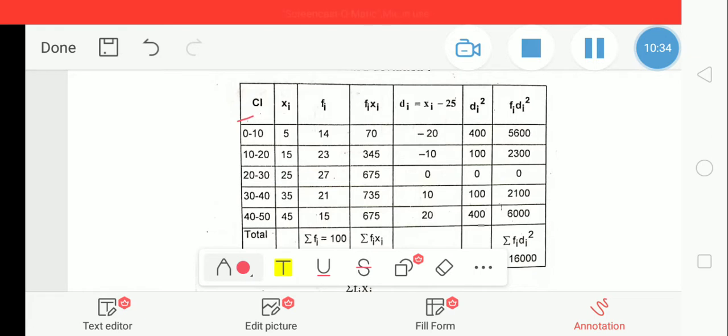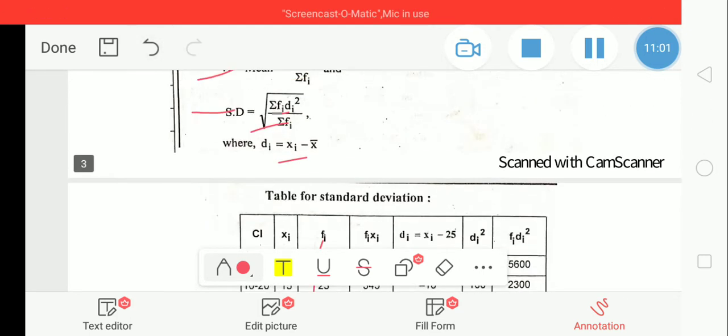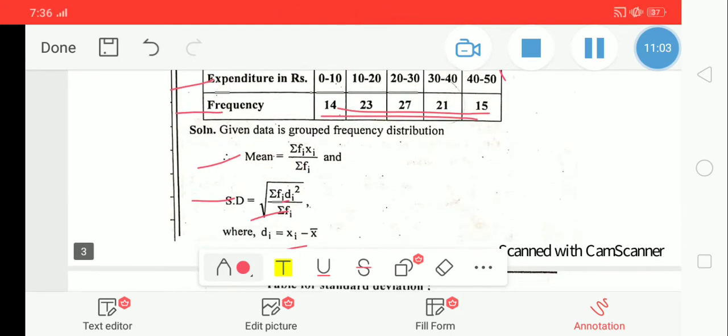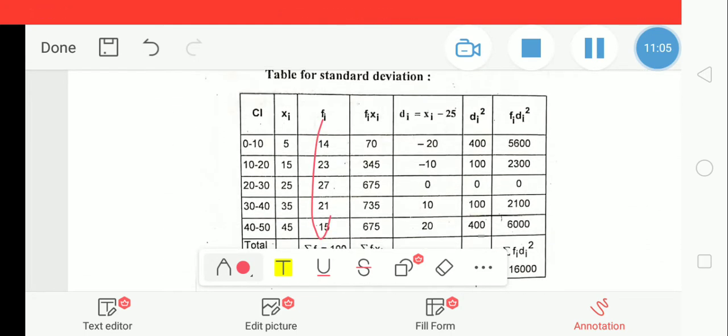The class interval is given, and xi is the midpoint of the class interval: 0 plus 10 divided by 2 is 5, 10 plus 20 divided by 2 is 15, 25, 35, and 40 plus 50 divided by 2 is 45.